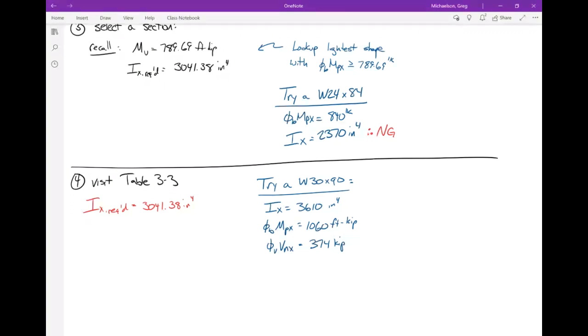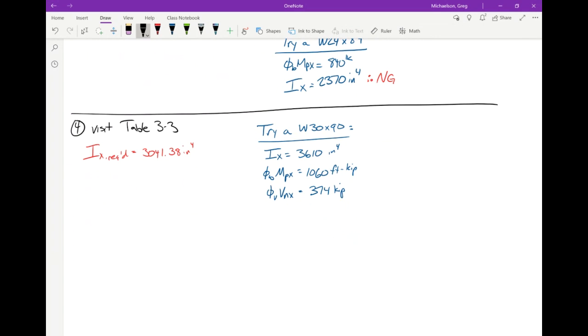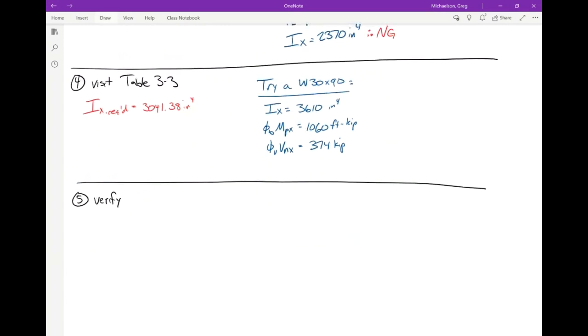Okay, we're running a little short on time, so I'm going to go through the analysis step pretty quickly. Now remember, let's go back to what we did before. The assumed self-weight was 50 pounds per foot. Somebody tell me, what's the actual self-weight of a W30 by 90?